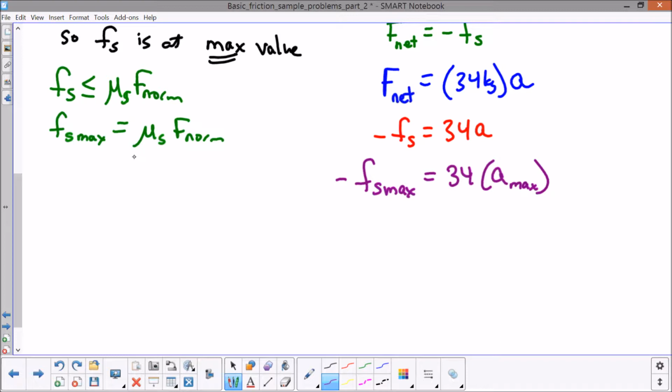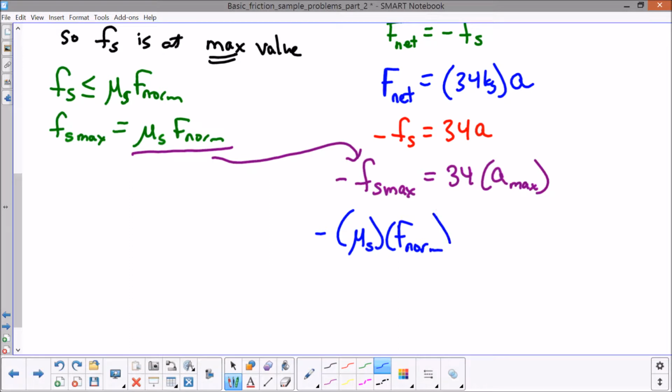And so then, taking this and plugging it in for the maximum value of static friction, we have minus the coefficient of static friction times the normal force equals 34 kilograms times the maximum acceleration.